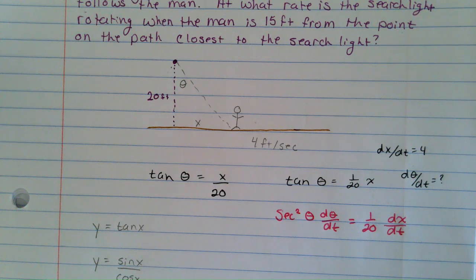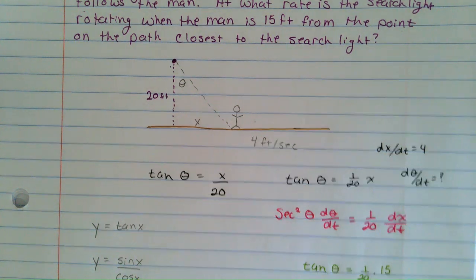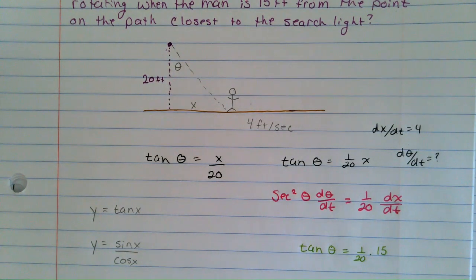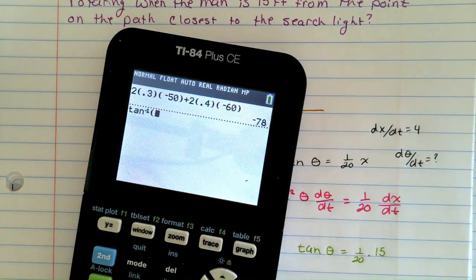Okay, so they give us x is 15 feet. So tangent of theta equals 1/20th times 15. So we're going to need to inverse tangent that, right? And I know I'm in radians, and that's fine. So I'm getting 0.643.